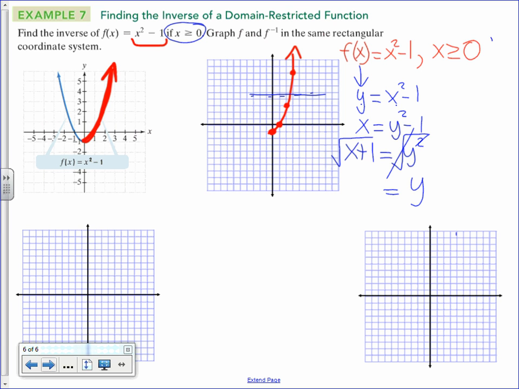However, we are restricting the domain, so we're only going to consider the principal root, which is the positive root. So will that define y as a function of x? Yes. And so our step 4 will be to change the y with f inverse of x, and the equation will be the square root of x plus 1.